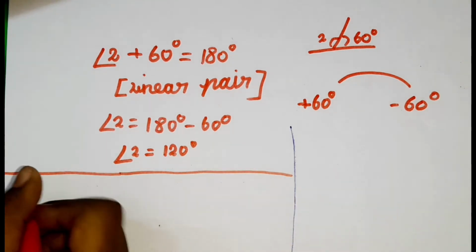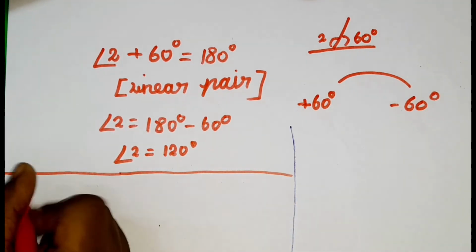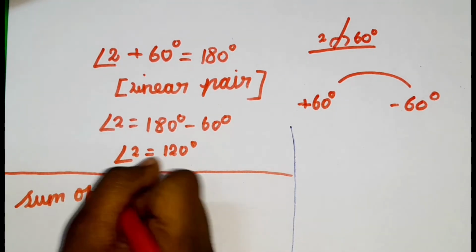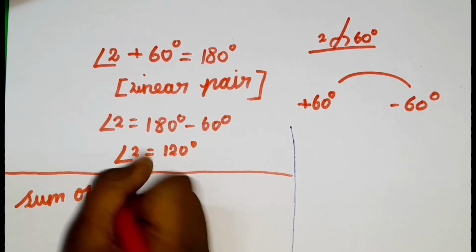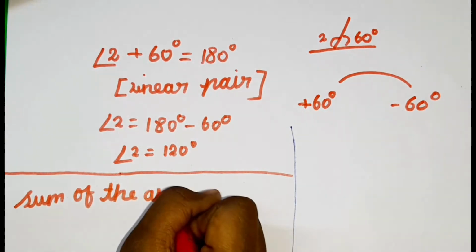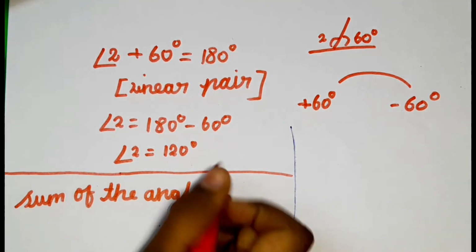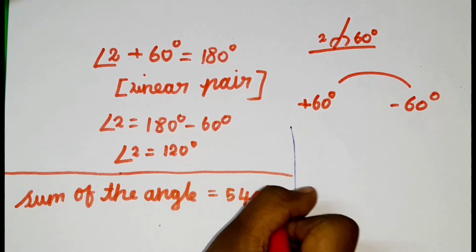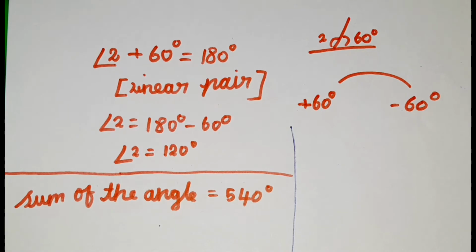Yeah. So first, sum of the angles. So sum of the angle is equal to 540 degree. How 540 degree? It's 540 degree because in the starting we used a property.